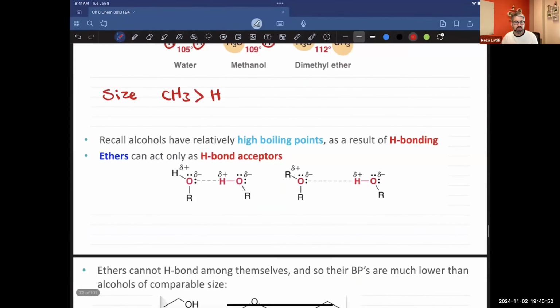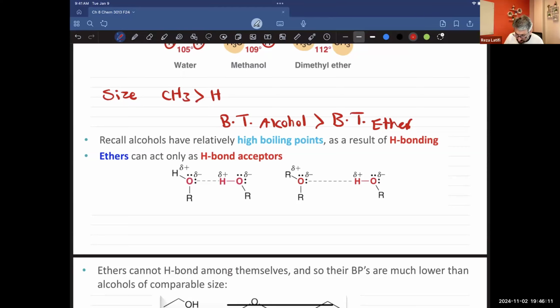Next one is the boiling temperature. The boiling temperature of alcohol is higher than the boiling temperature of ether. What's the reason behind it? Alcohol is capable of donating H plus or accepting H plus.